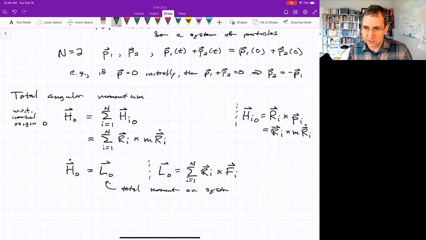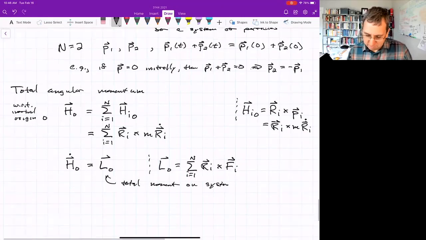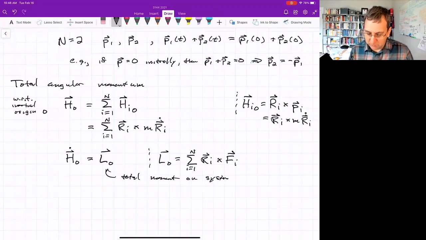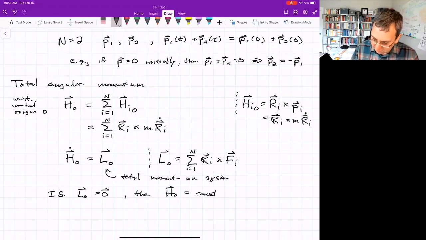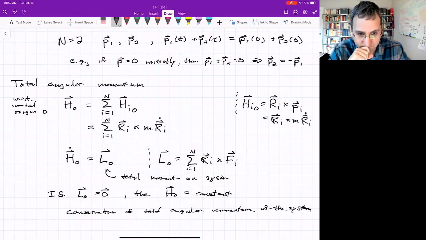And so just like there's a conservation of linear momentum, there could be conservation of total angular momentum. If this equals 0, then the total angular momentum is a constant. And so that's called conservation of total angular momentum of the system.